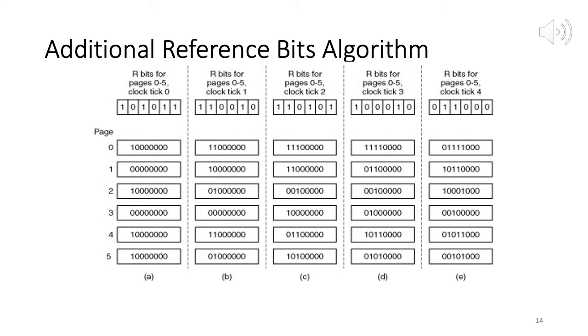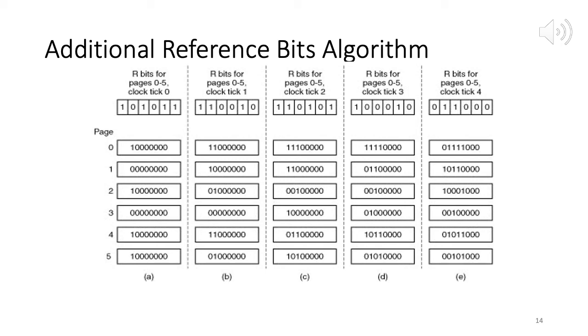Now I'm on slide 14, and here we see the algorithm in action. Let me just count. Yes, it is 8 bits for each page, and the time interval is one clock tick. At each clock tick we are given the reference bits for all the pages.